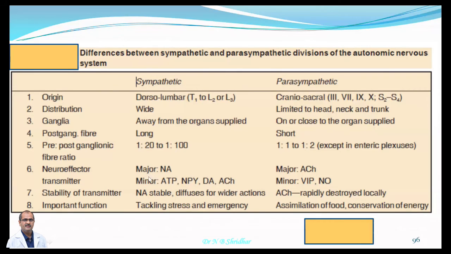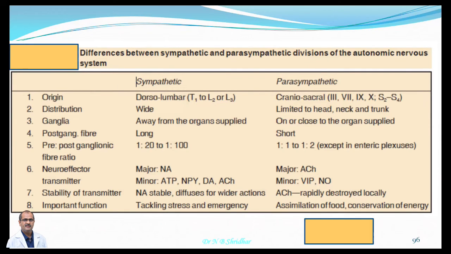In the parasympathetic nervous system, vasoactive intestinal polypeptide and nitric oxide are the minor neurotransmitters. Regarding stability, noradrenaline is stable and diffuses for wide action, whereas acetylcholine is rapidly destroyed locally by the enzyme acetylcholinesterase.